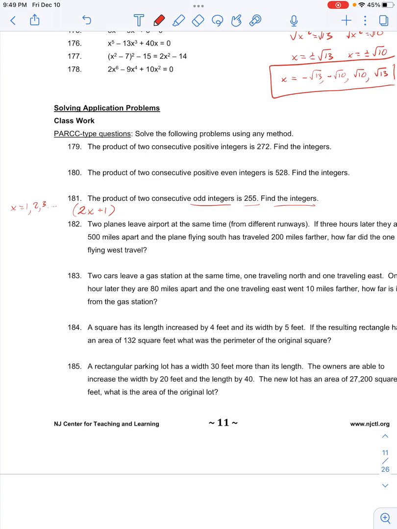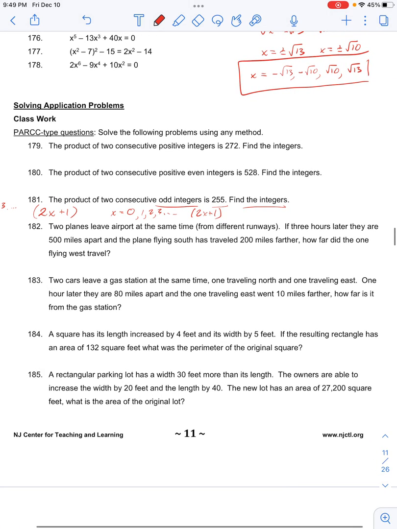The only thing is, I can start now from x equals 0, because that would give me 1. So my odd numbers now can start from x equals 0, 1, 2, 3, 4, and so on. And I write them as 2x plus 1.